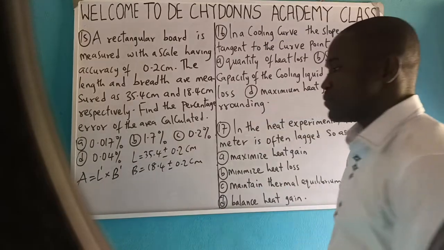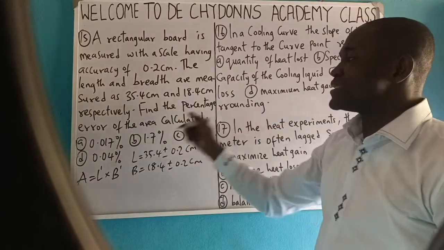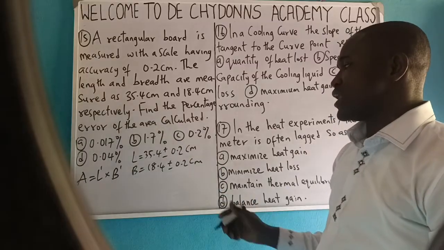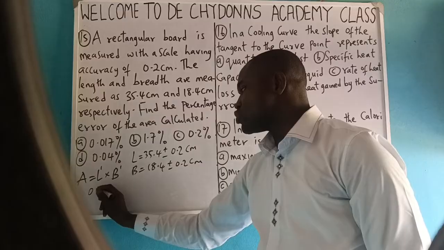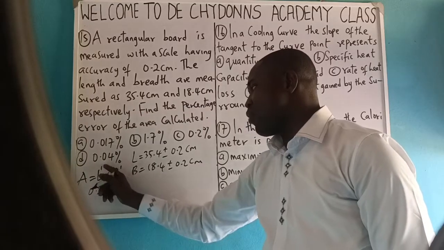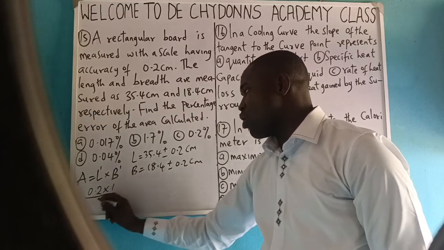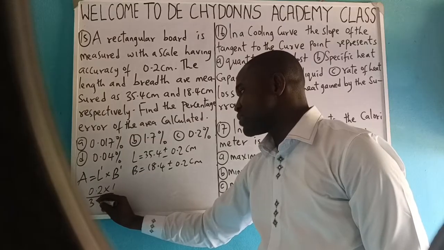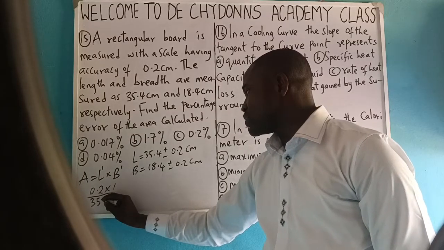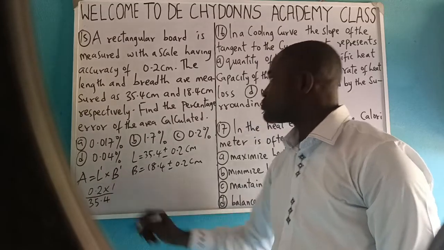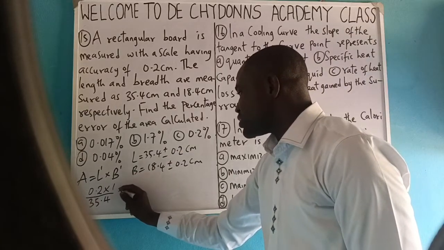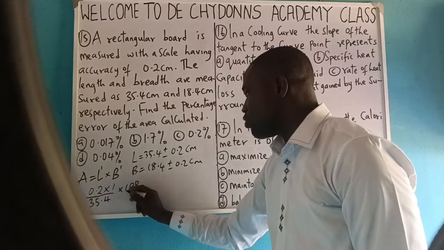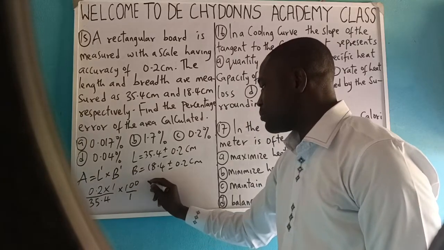What are their powers? 1, 1. Now, to find the percentage error of the area calculated, for the length, you will say 0.2 times the power, which is 1, all over 35.4, times 100 over 1.